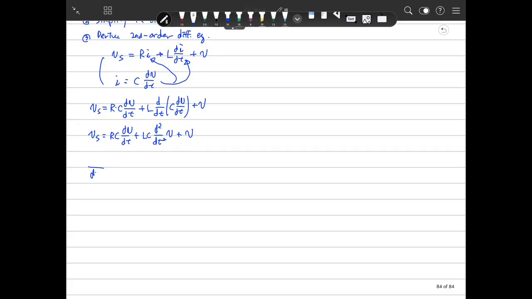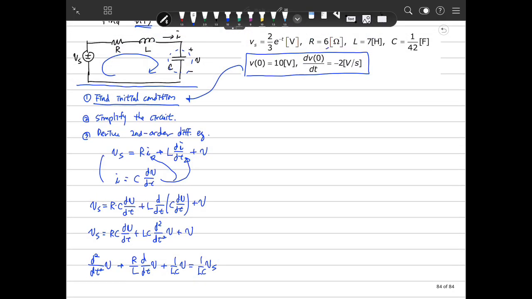So d squared V/dt squared plus R over L dV/dt plus 1 over LC V is 1 over LC Vs. Then we apply the parameters. R is 6, L is 7, C is 1 over 42.